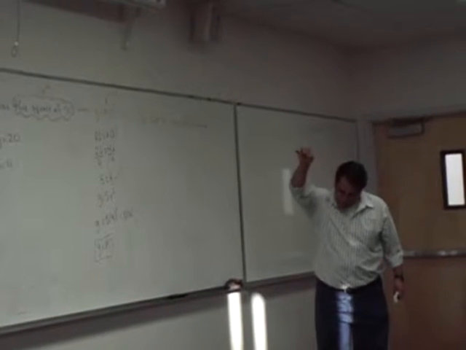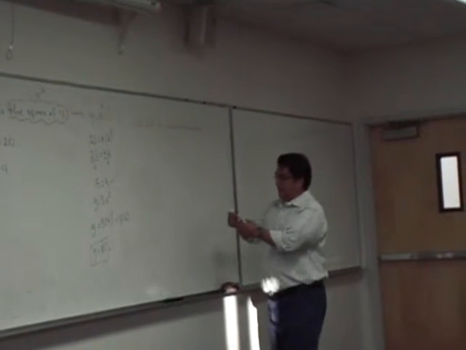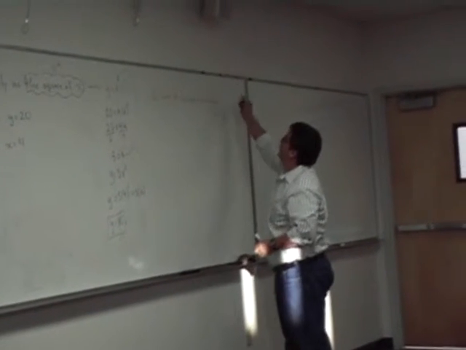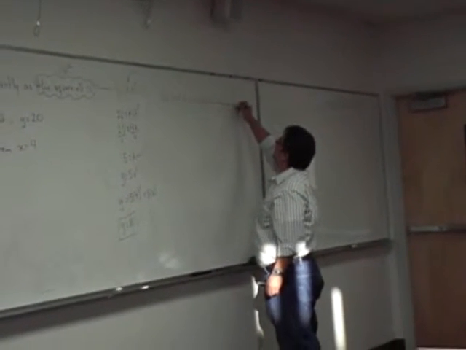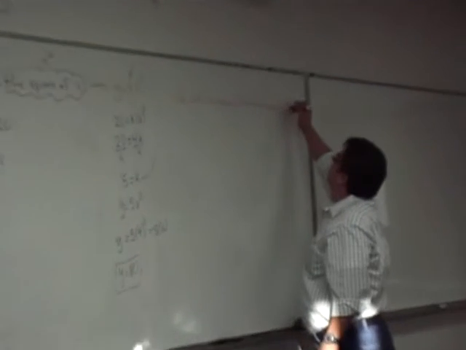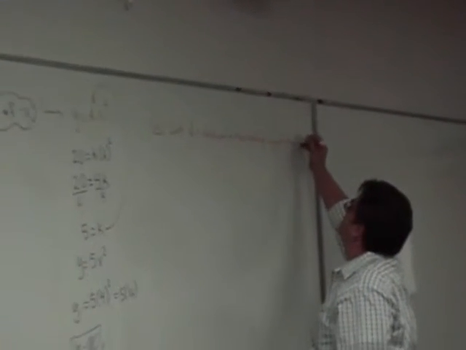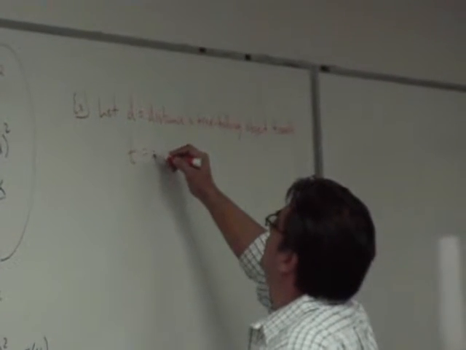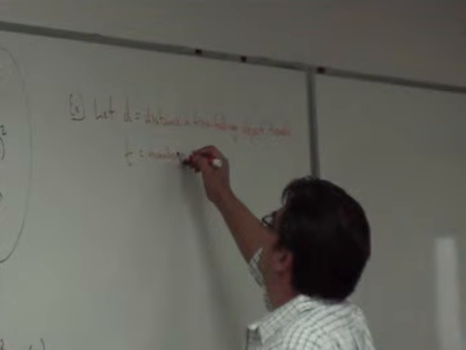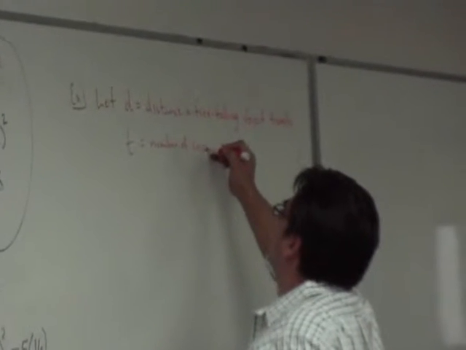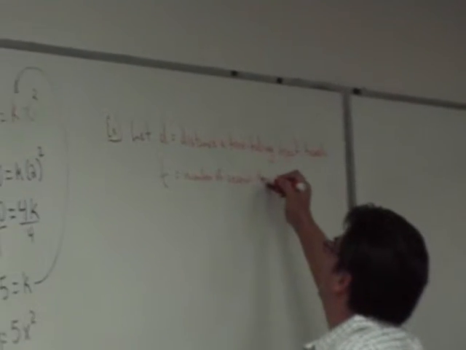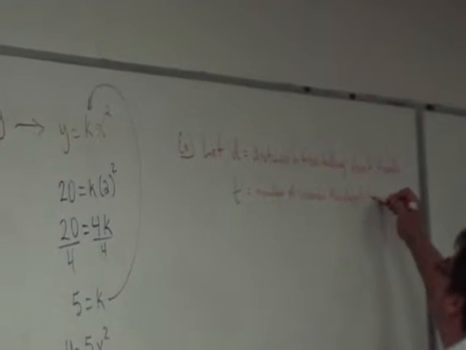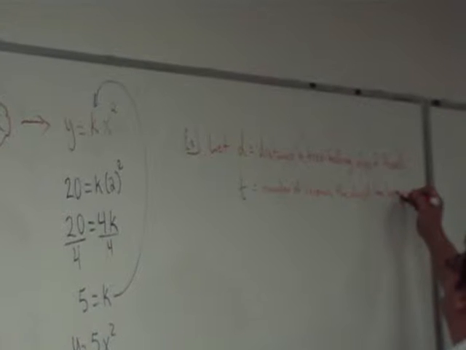We're going to assume that this thing can fall without any forces other than gravity acting on it. Distance a free falling object travels. And we're going to let t be the number of seconds the object has been falling.